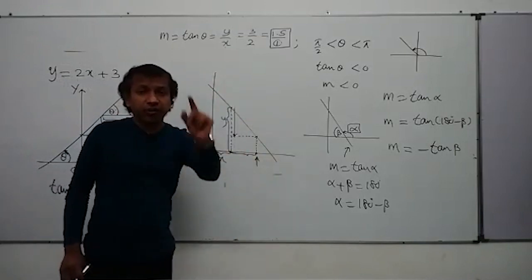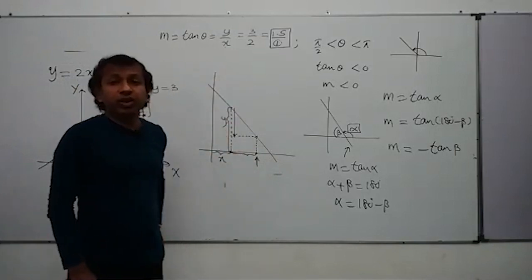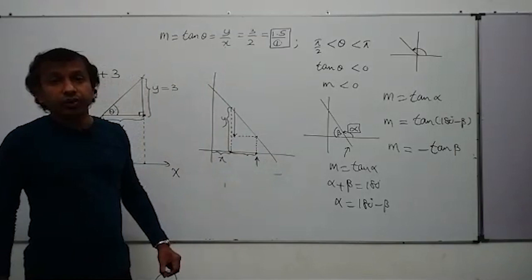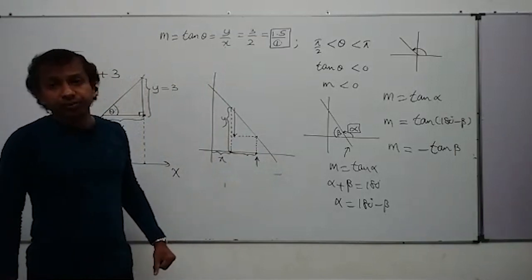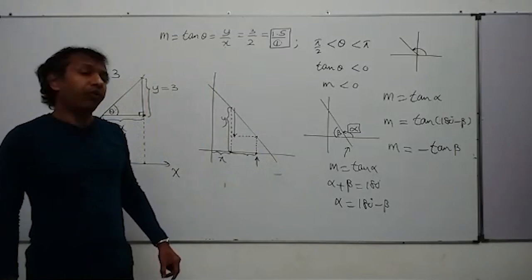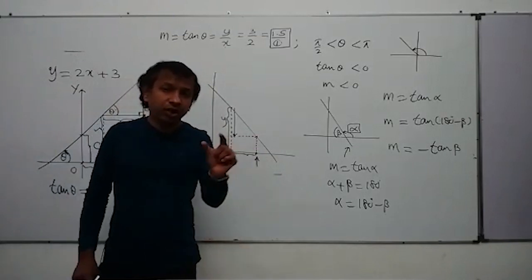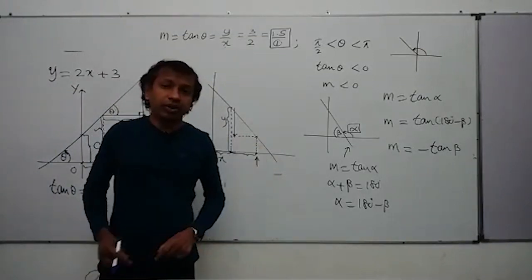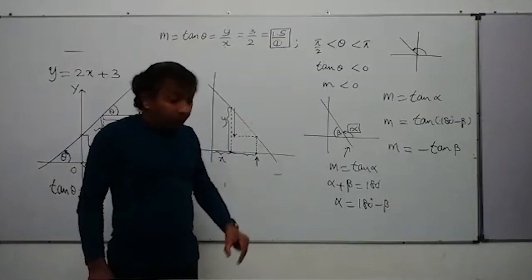As x increases by 1 unit, the decrease of y is defined to be the rate or the gradient. Anyway, remember this gradient means the rate of change of y with respect to x. Rate means when x changes by 1 unit, the corresponding change in y. Right. Now the next thing is this.